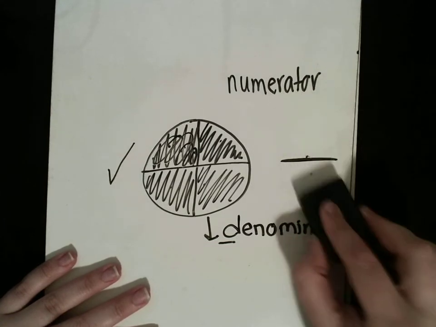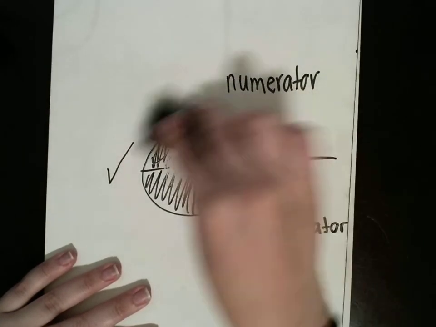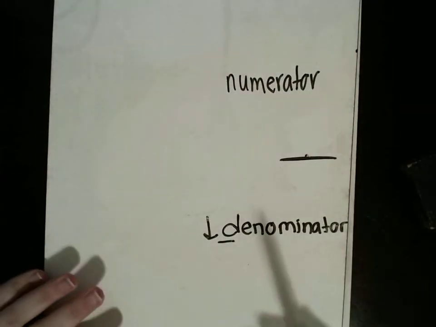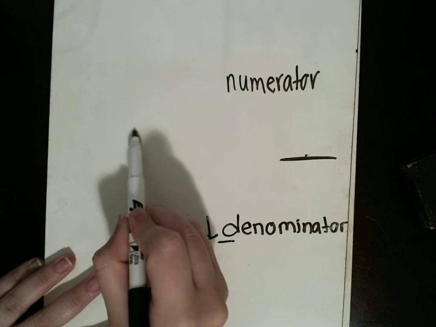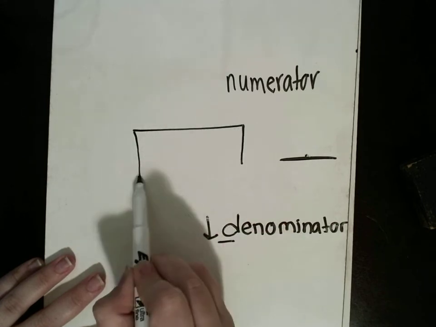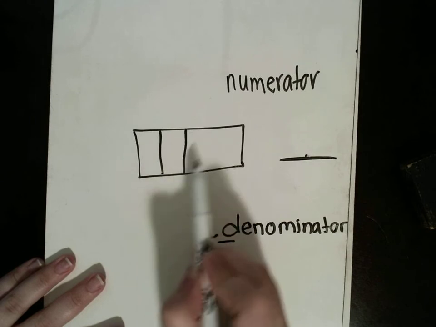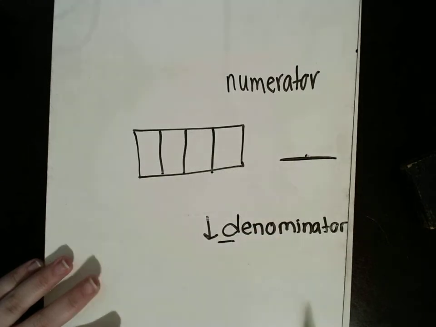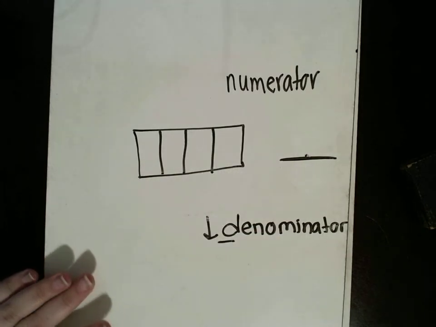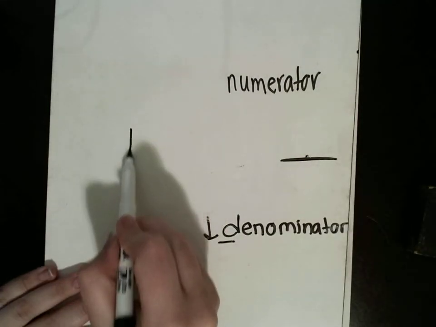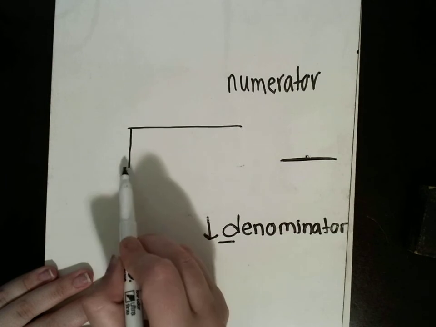Let's look at one more model. Again, pretend that my shape is just perfect. Let me change this real quick. I don't want to have the same denominator again.